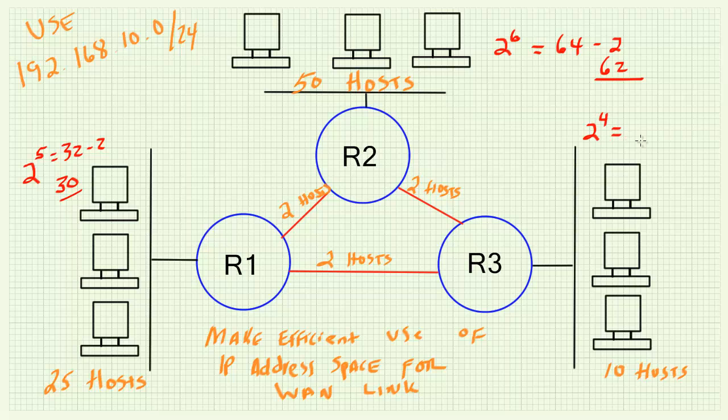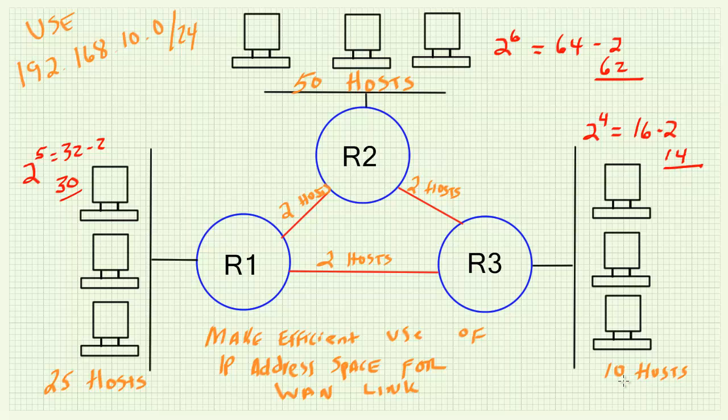What value does that give us? Well, that gives us 16 possible values minus those 2 special cases that we always have to consider, where all of the host bits are 0 or all of the host bits are 1, so we subtract 2 from that. With 4 bits for our host portion here, that will give us 16 minus 2 or 14 usable host addresses. We need 10, so that's just perfect.